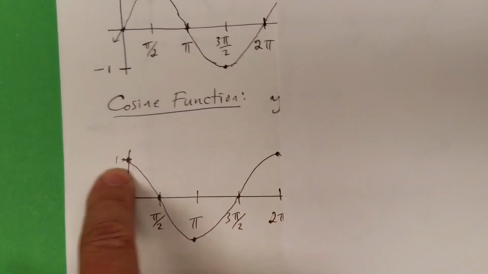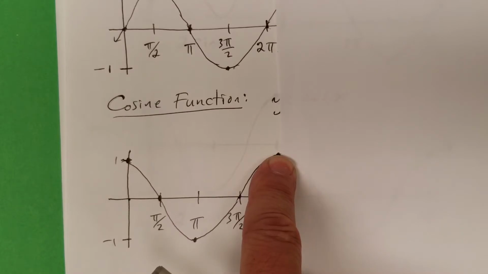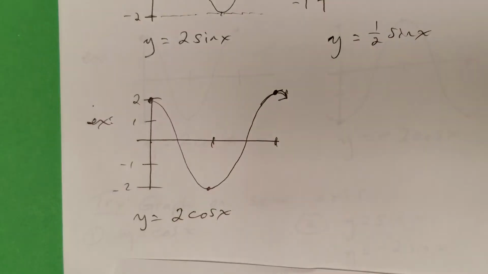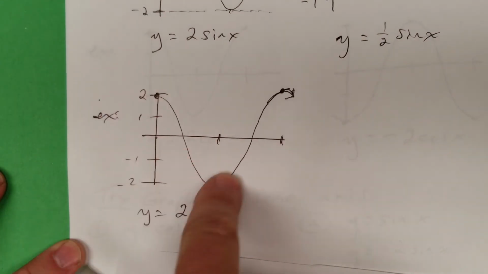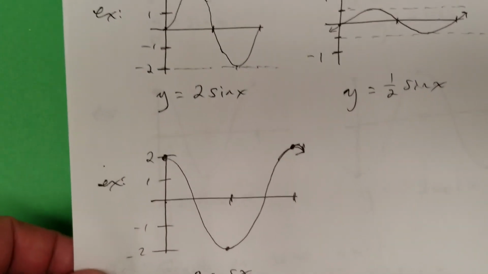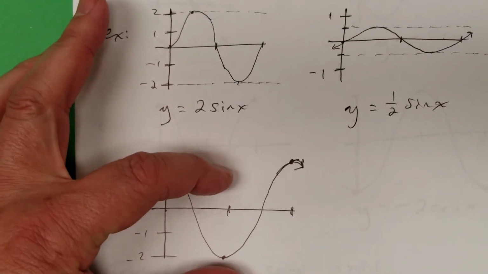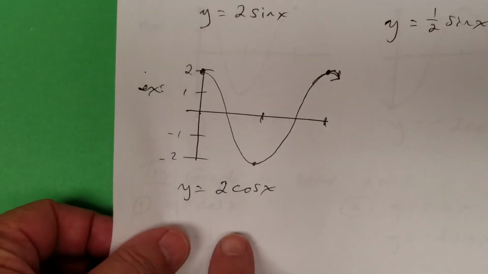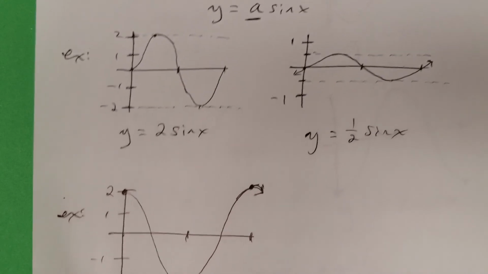It starts and ends at the same place. But the sine looks like an S. So what I have here is one complete cycle. I know I'm missing the numbers here, but this would be one complete cycle. Okay, so that's the amplitude. How tall are you from the midline? That's that number there. Okay?